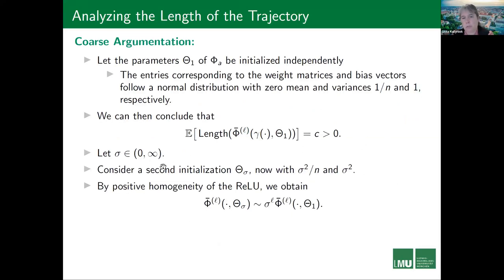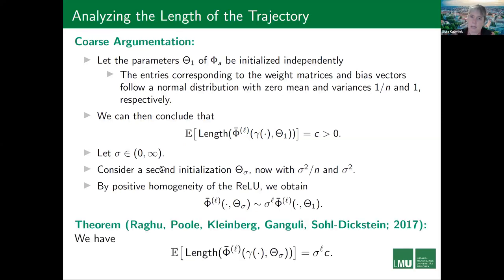And if you use a different distribution, then because of the homogeneity of ReLU, you can pull the sigma out. So following an argumentation of that type, what would then be shown by these colleagues is that the expected value is sigma to the L times a constant C.